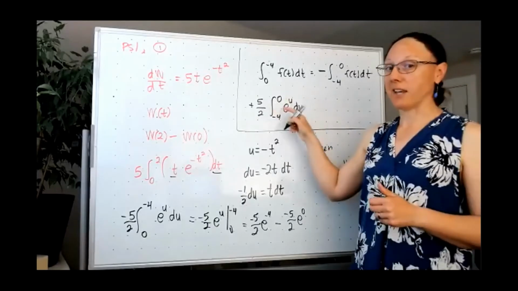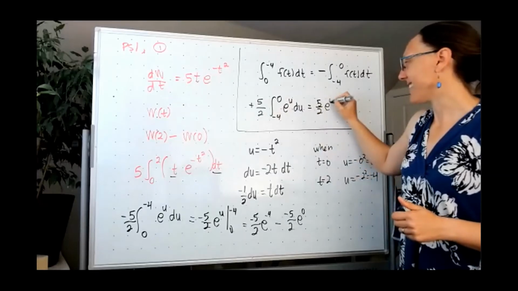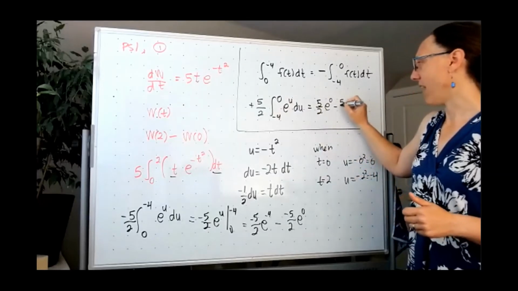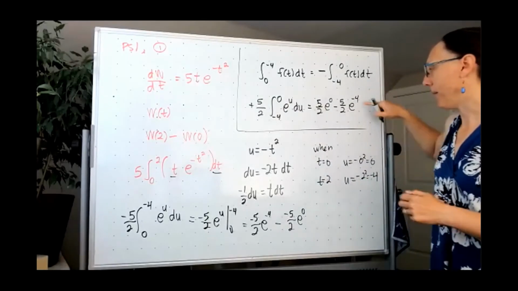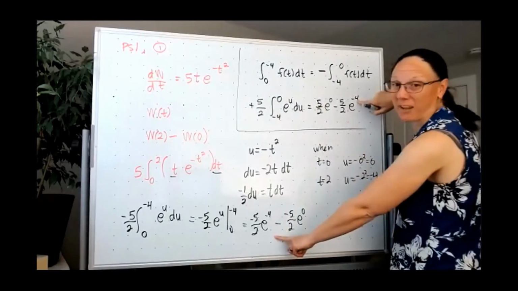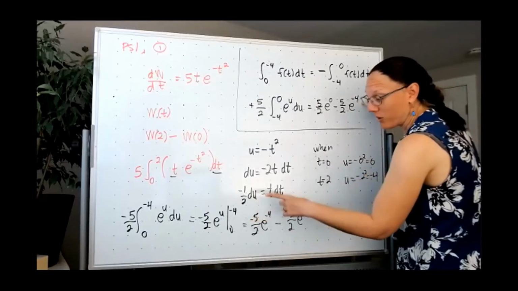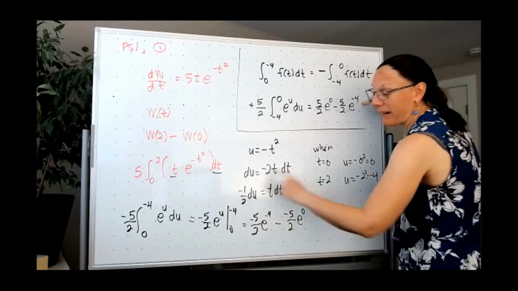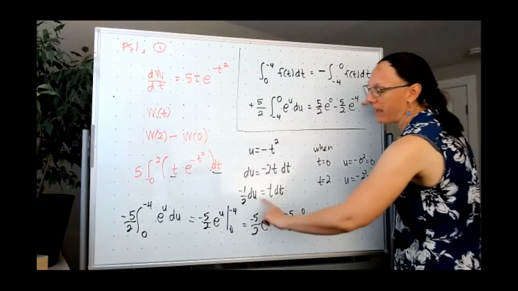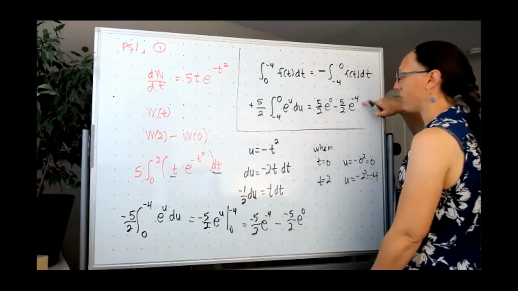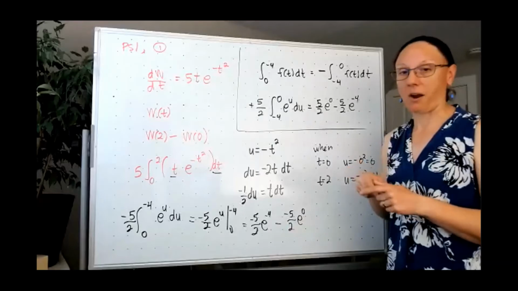Now, if we had done this, then we would end up with 5/2 e to the 0 minus 5/2 e to the negative 4. But notice these are the same, right? As long as we do this in the correct order, the minus signs are going to correct themselves. We'll have a positive 5/2 and a negative 5/2 e to the negative 4th. So they're going to match. You can make the pick.